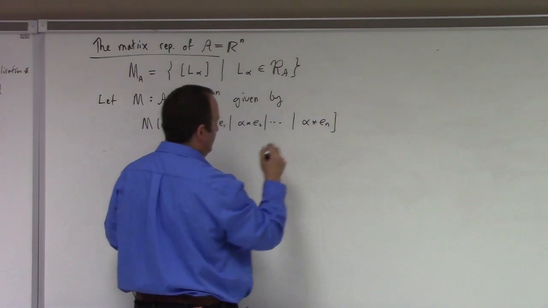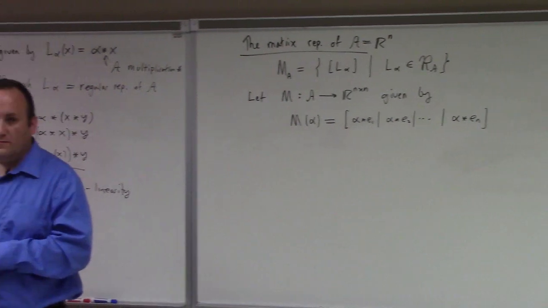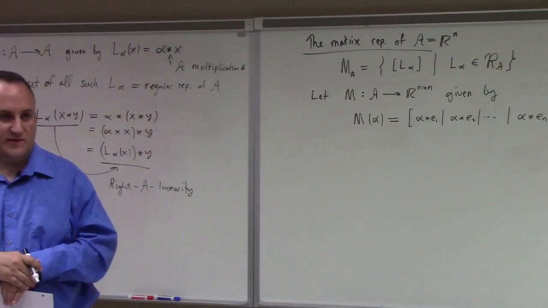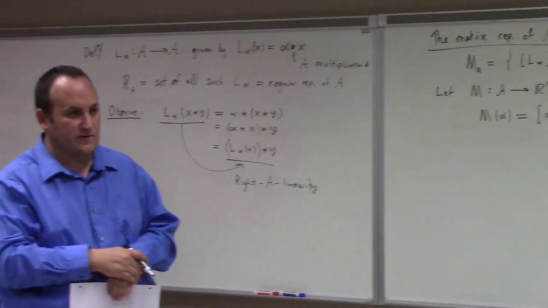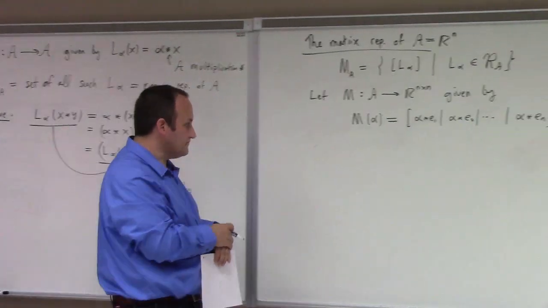So that's how you figure out the matrix which represents a given number. Now here, E1 through En are just the standard basis elements, like 1, 0, 0, 0, or 0, 1, 0, 0, and so forth.